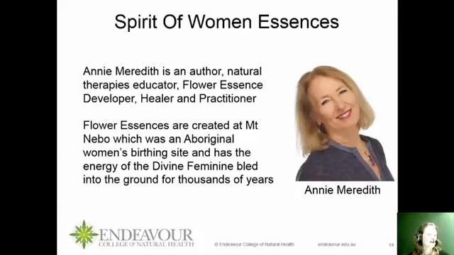And finally, the Spirit of Woman essences. This is by a woman called Annie Meredith, who lives at Mount Nebo and makes up the essences from Mount Nebo.